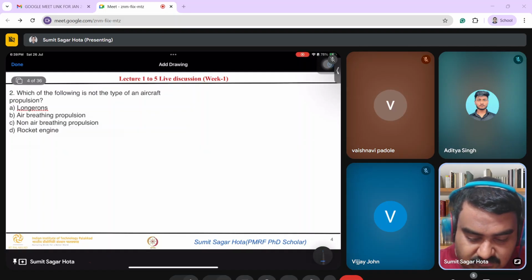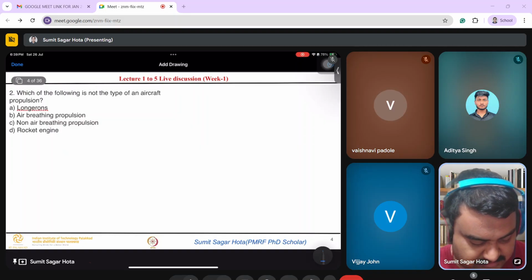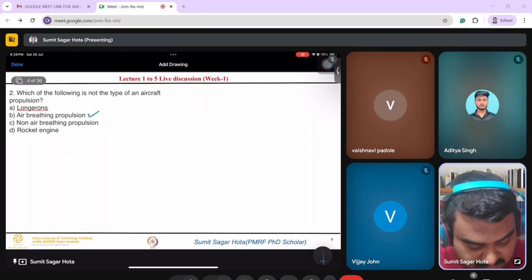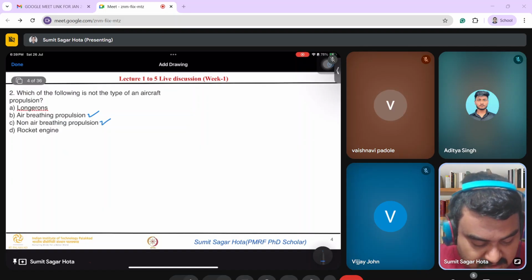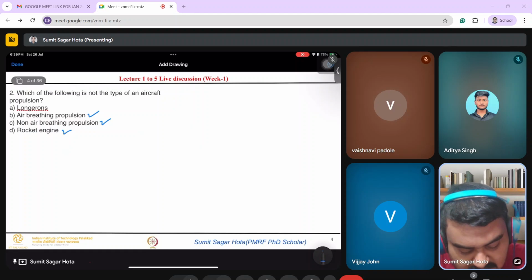Which of the following is not a type of aircraft propulsion? You know the name of this subject is airbreathing and propulsion, so this is a type of aircraft propulsion system. Non-airbreathing is also there, like in space where there is no air. That is also a kind of non-airbreathing system, and rocket engines are also a type of aircraft propulsion system.